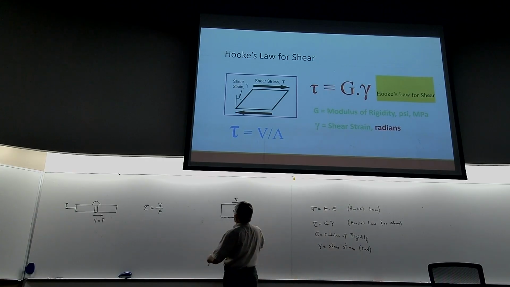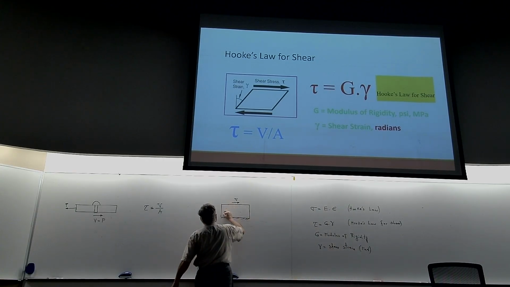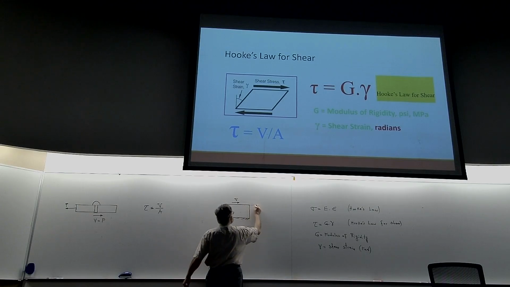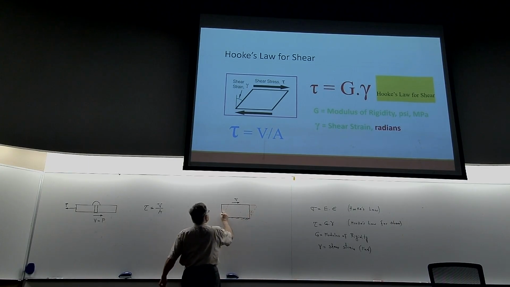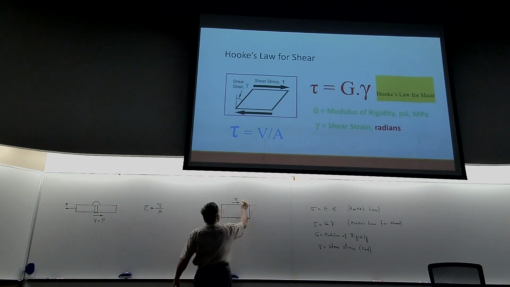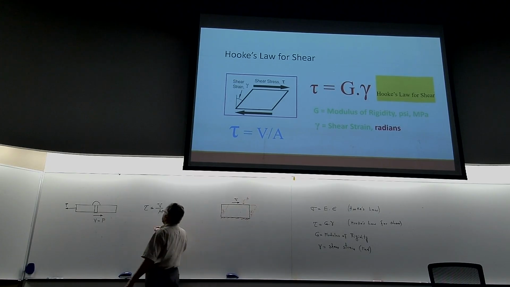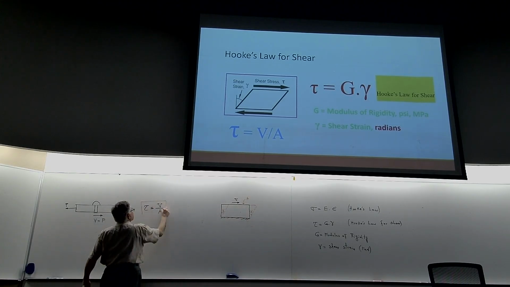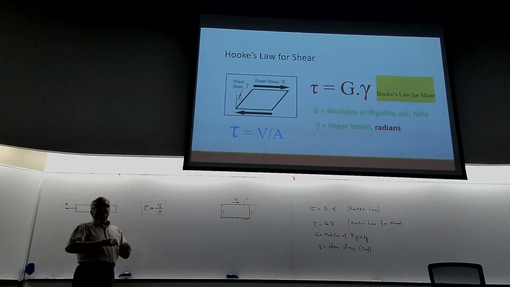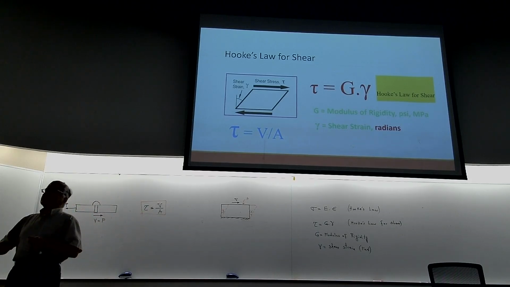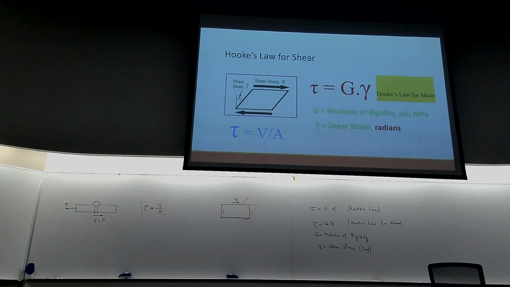And then our block is going to look like this. And this is the angle gamma, same one over here. And A is the area as seen from the top. So this is shear strain. And shear stress is tau, shear strain is an angle gamma expressed in radians.